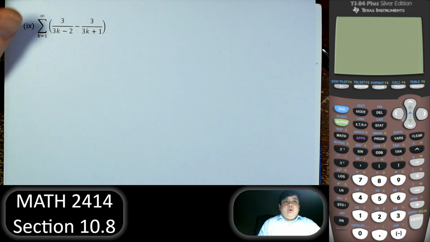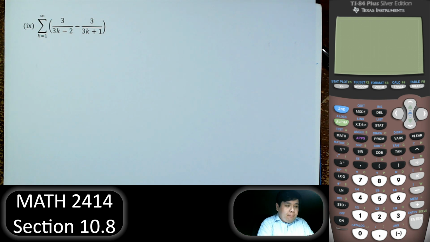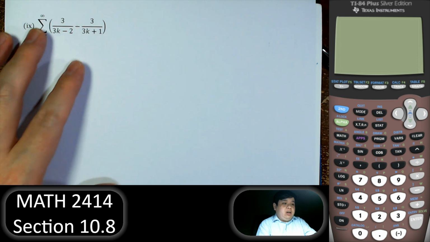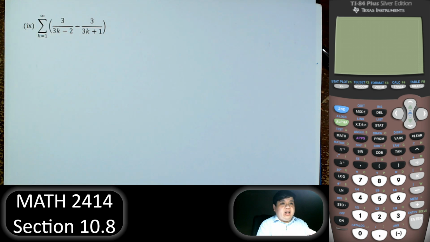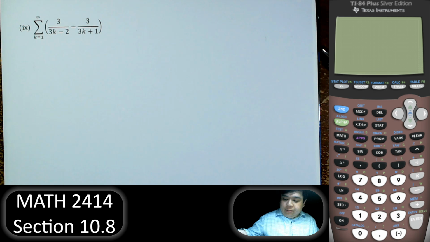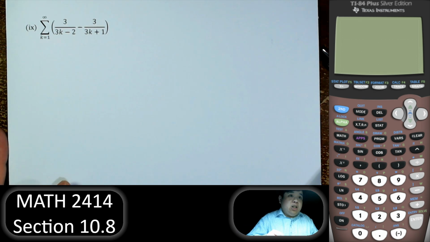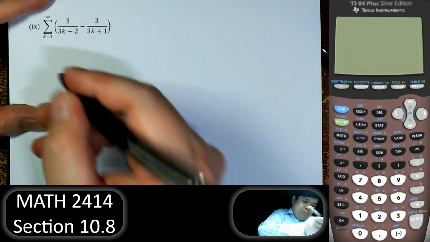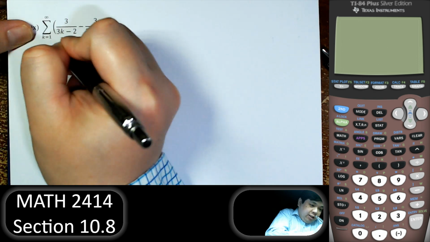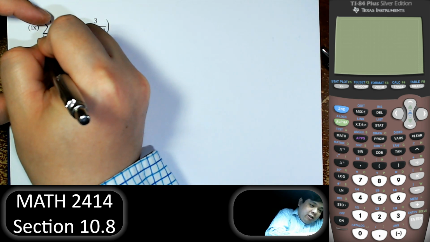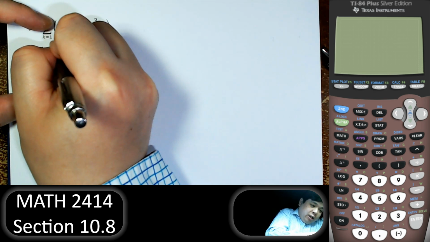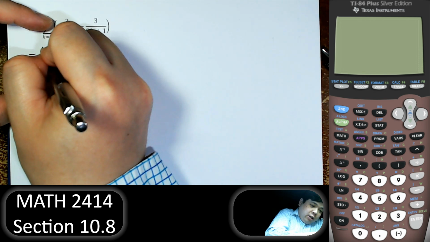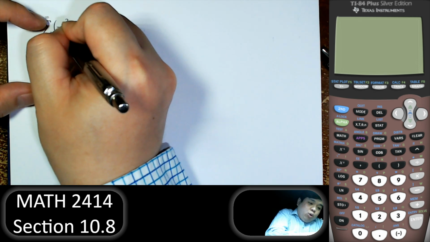So this one, we don't have to do partial fraction. Right. So it's the telescoping series because they have two terms, one positive, one negative. And so this is special. Right, so for the telescoping series, just put a bunch of numbers in and see what happens. When k equal to 1, put 1 in here.